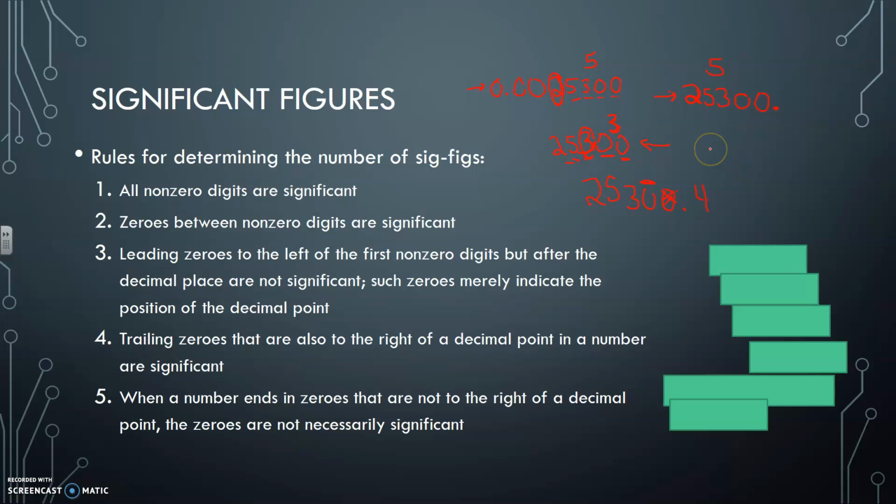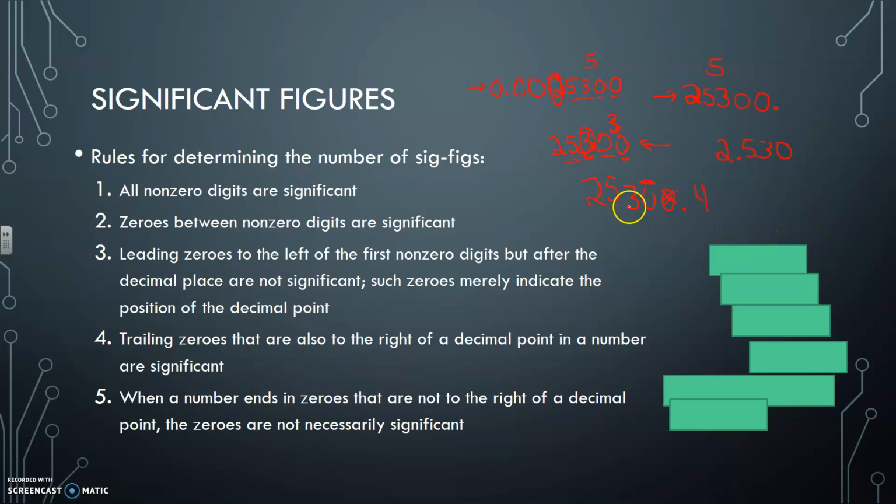Now, the third way that you can indicate if one of these zeros is significant is to go ahead and write in scientific notation. Scientific notation is really nice because it cuts out the unnecessary zeros. Okay? So if the first 0 is significant, but the second one isn't, we would write it like that.